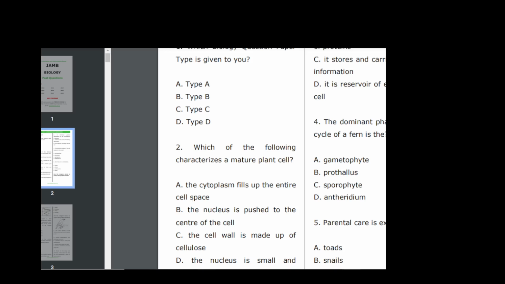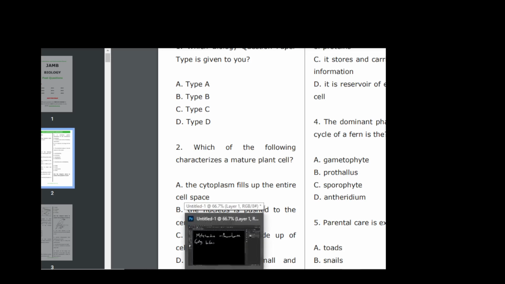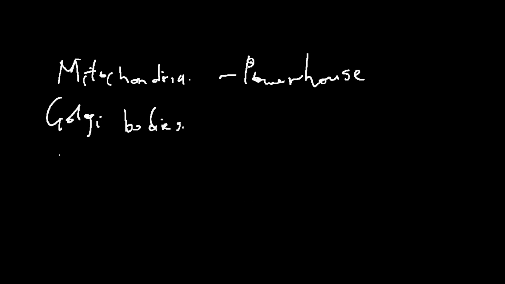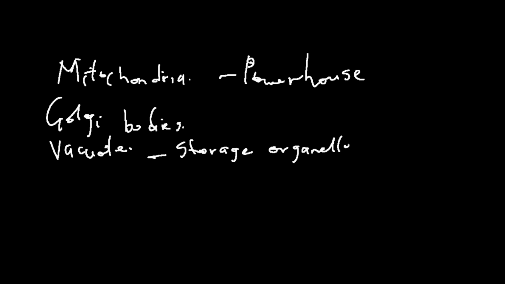So it is in it that we have all the materials, like the nucleus and the vacuole. Let me quickly do this. I still need to talk about some other components, like the vacuole. The vacuole is majorly a storage organelle.